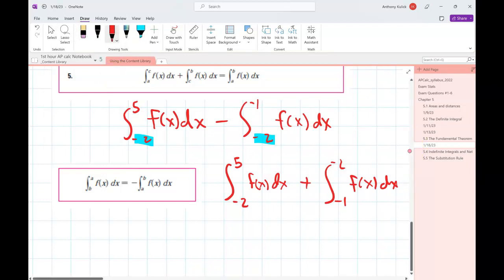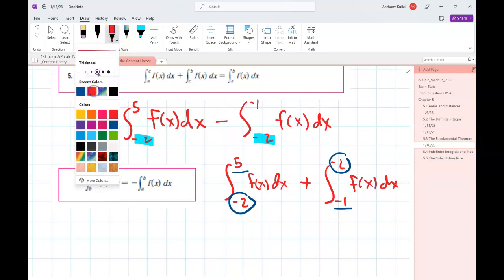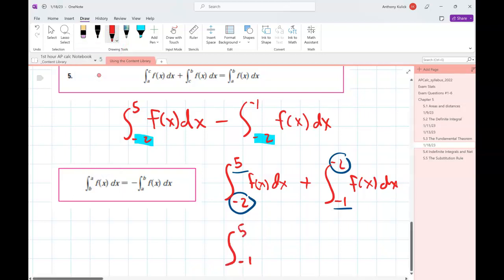And so now we're going from -1, I'm sorry, since the upper and lower are the same, I can just rewrite this now as the integral from -1 to 5. And that's me done. I think this is a lovely test-caliber question from 5.2.